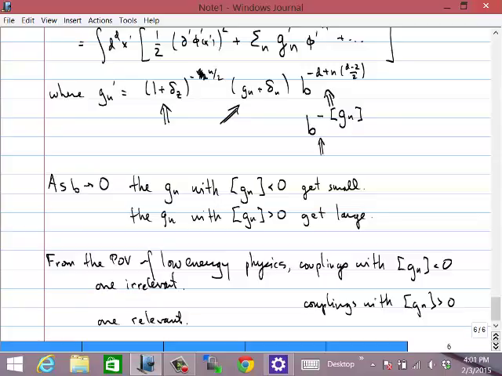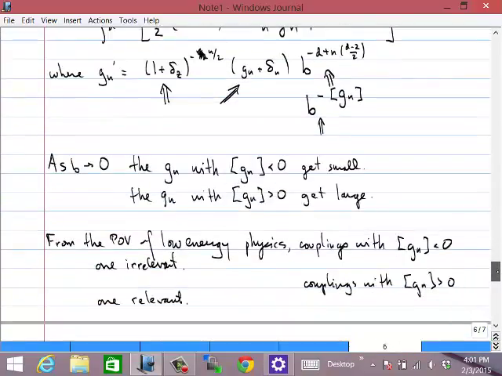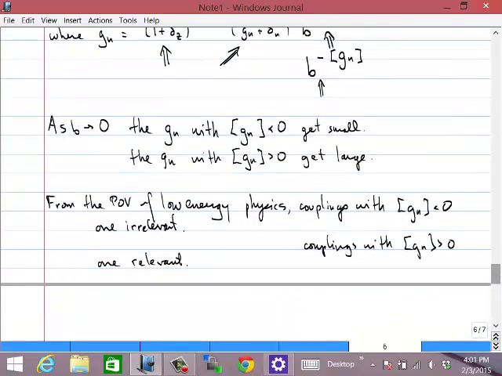But the point is that this is physically important language, because it's telling you that if you study low energy physics, it's the terms with positive mass dimension, the relevant terms, that are going to be important for low energy, and it's the terms with negative mass dimension that are going to be unimportant. So this procedure whereby the coupling constants change as you integrate out these degrees of freedom in the ultraviolet is known as renormalization group flow.